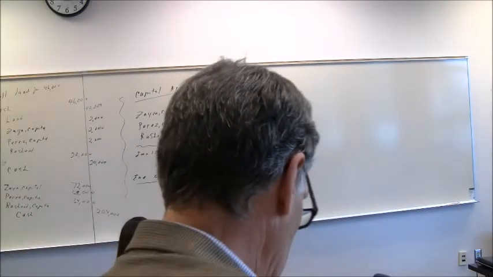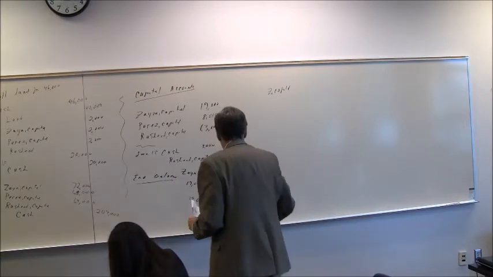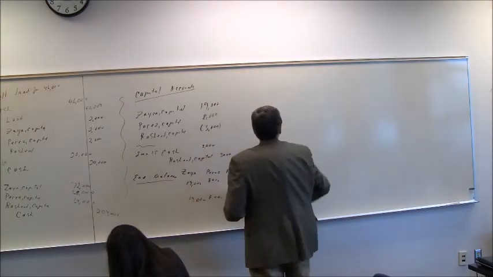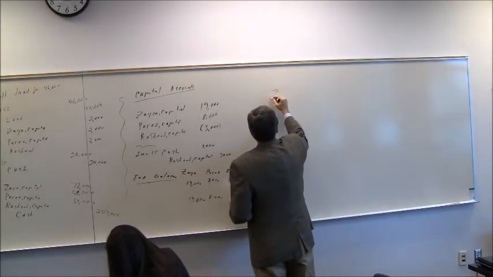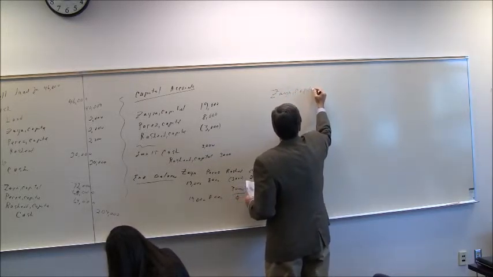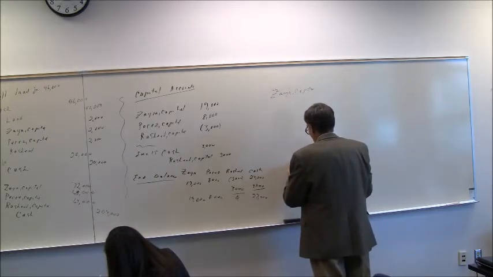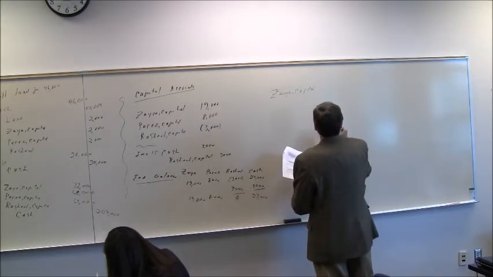Okay. So if that were to happen, you have Zane, comma capital. It will be debited for 1,500.